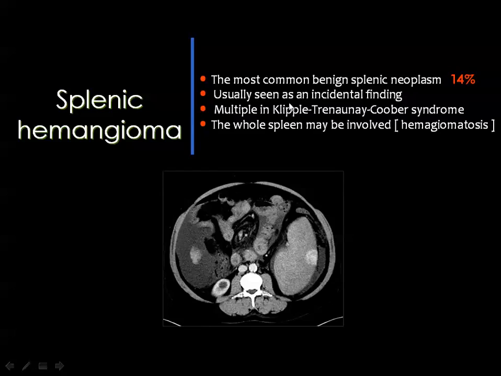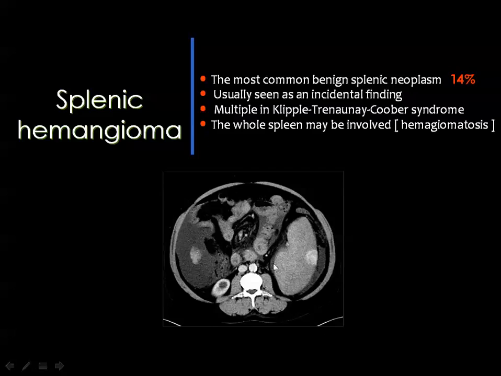The hemangioma is usually an incidental finding. It can be multiple in Klippel-Trenaunay syndrome, and the whole spleen may be involved by extensive what we call hemangiomatosis. The hemangioma, whenever it is small, you get immediate total filling with contrast media, what we call flash filling hemangioma.